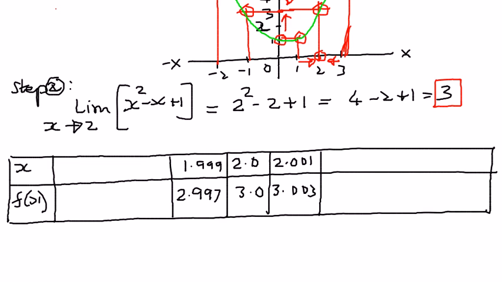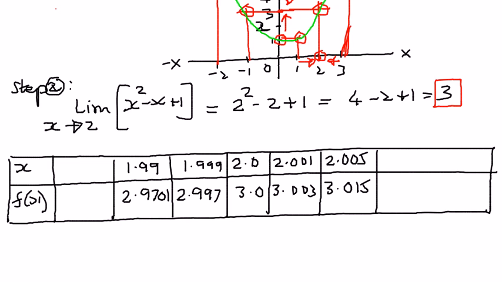Let's pick another point on the left hand side. If I pick 1.99 for the value of x, the corresponding value of the function is going to change to 2.9701. And on the right hand side, if I pick a point a little larger than 2.001, for example 2.005, then the corresponding value of the function is going to be 3.015. These are very close to 3, but either slightly larger on the right hand side or slightly smaller than 3 on the left hand side.